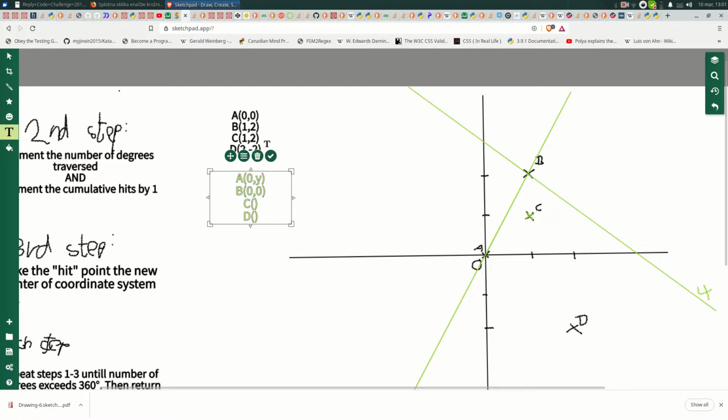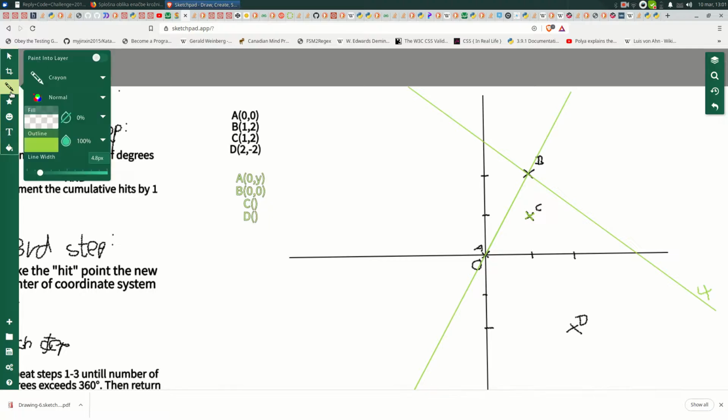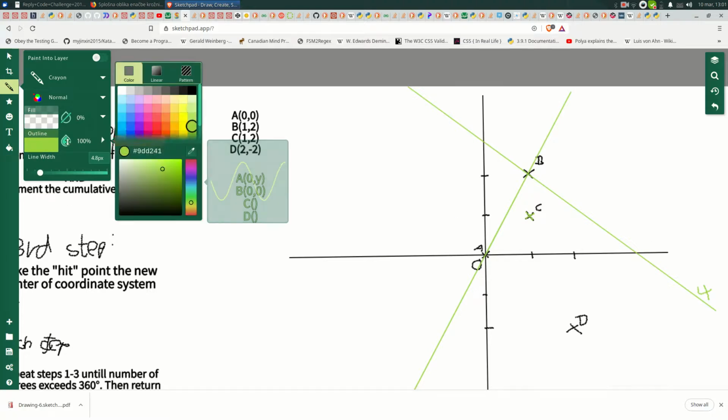This can seem a little bit tricky, and it is tricky, but I thought about it. When we change the center from here to here, what do we change? First, let's use blue color.